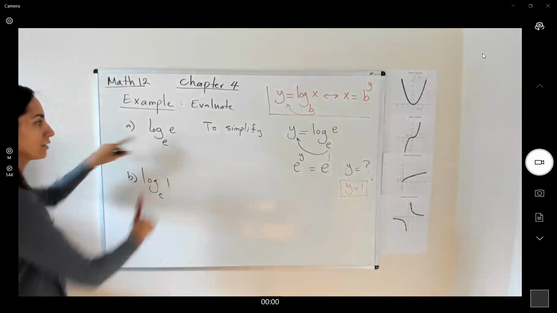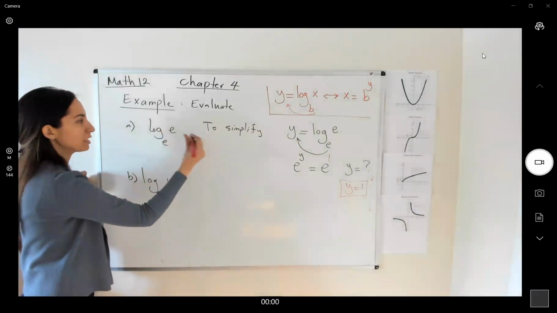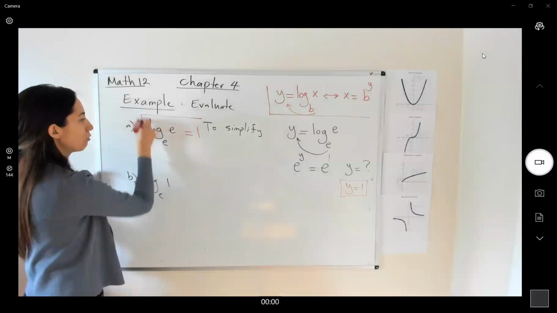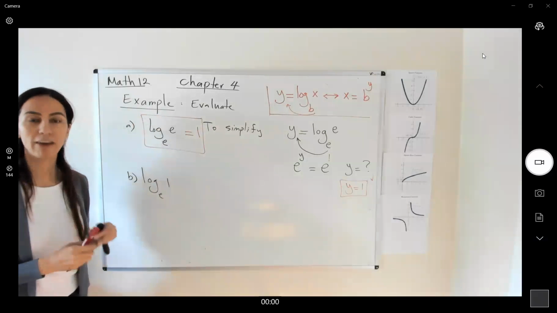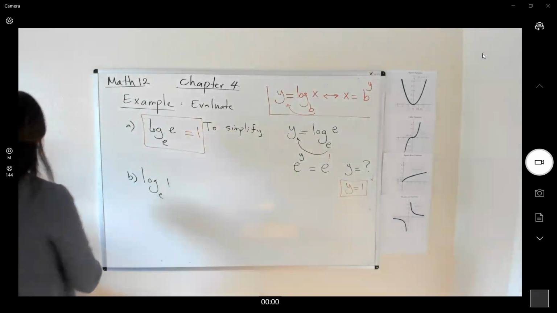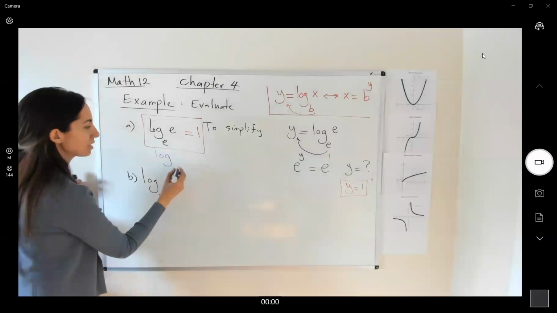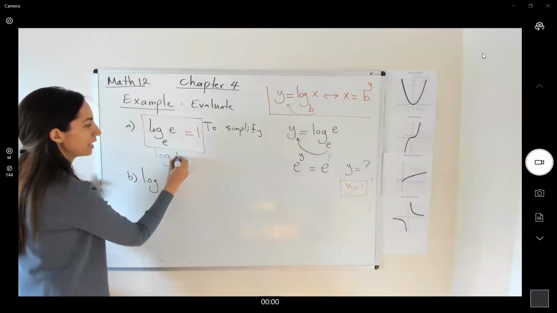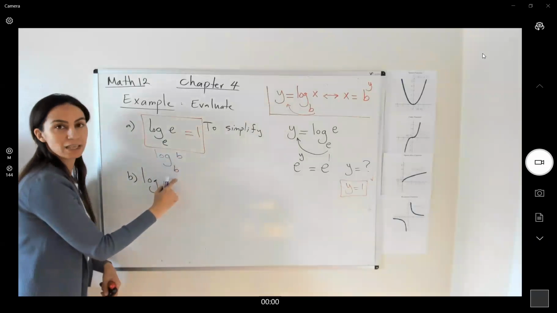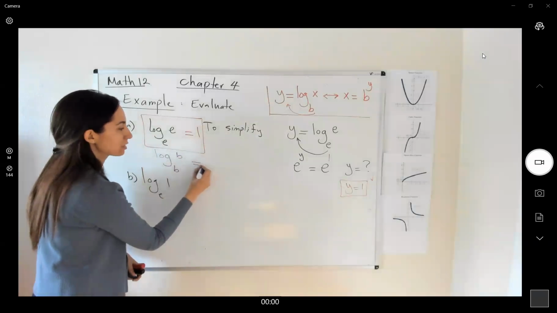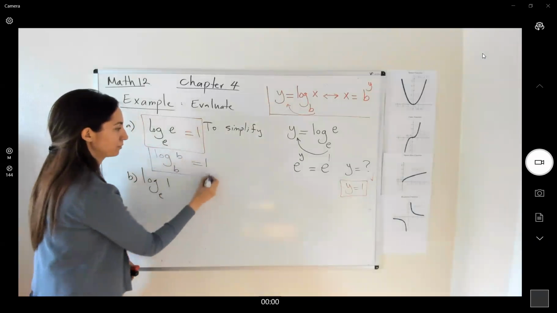So log with base e of e is equal to 1. In fact, log with base b of any number which is the same as your base is always 1.